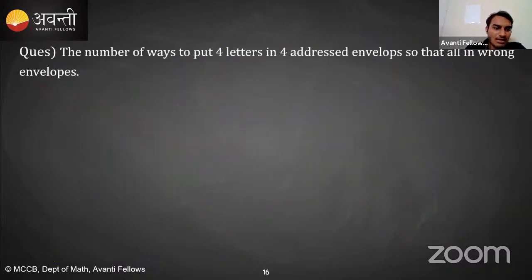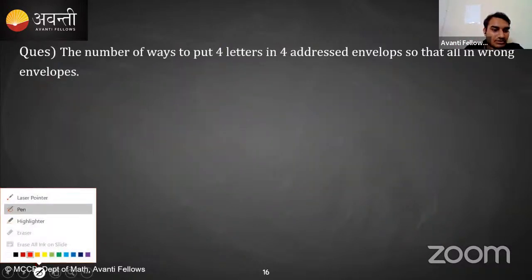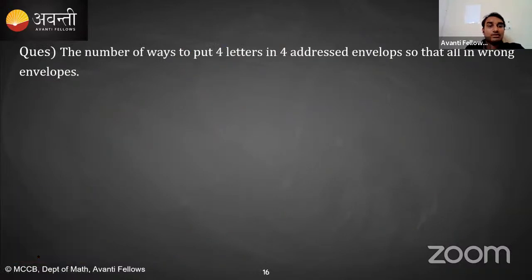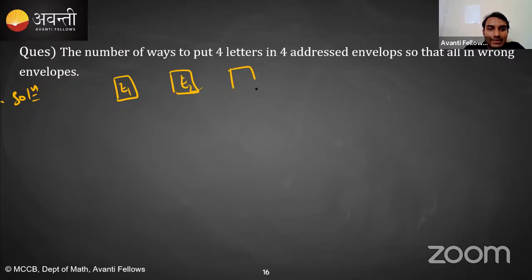So the first question is: number of ways to put 4 letters in 4 addressed envelopes so that all are in wrong envelopes. You must have got the feel of which question this is, it is a derangement question. Let's say this is envelope 1, this is envelope 2, envelope 3 and envelope 4.